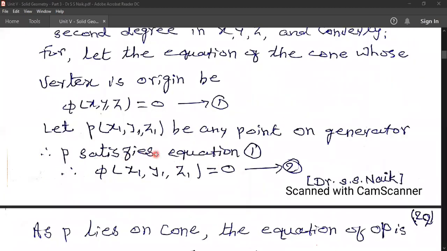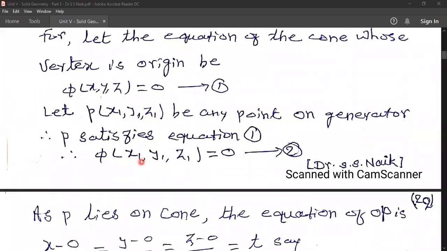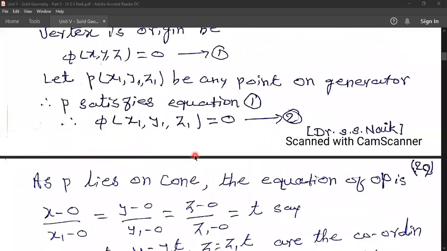Therefore P satisfies equation 1, because it lies on the generator of that cone. That means replacing x, y, z by x1, y1, z1, we get phi of x1, y1, z1 equals 0.